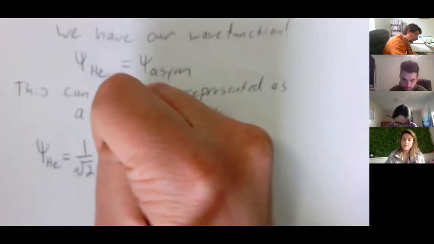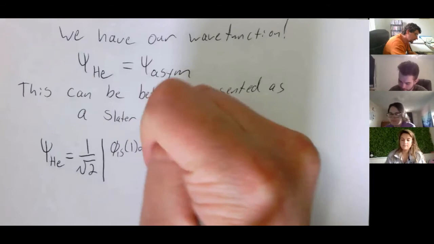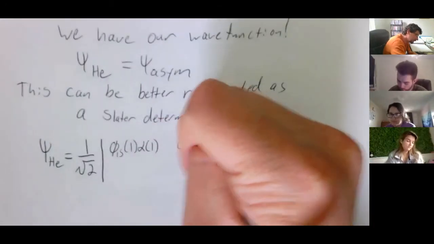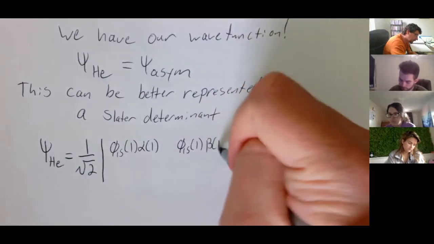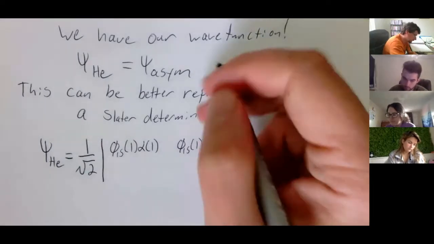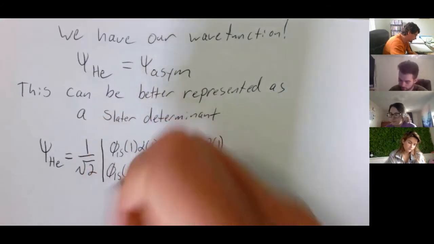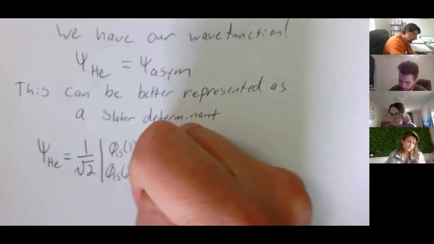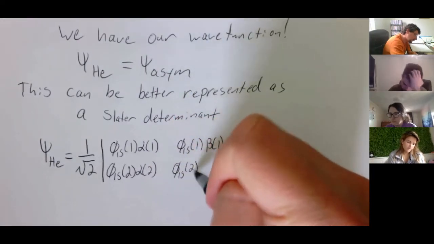Here: 1s1 alpha 1, 1s1 beta 1, 1s2 alpha 2. Did we do this already in inorganic?